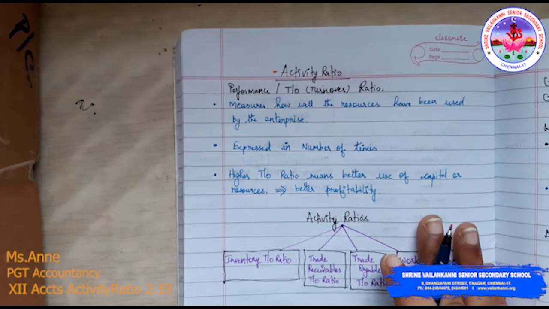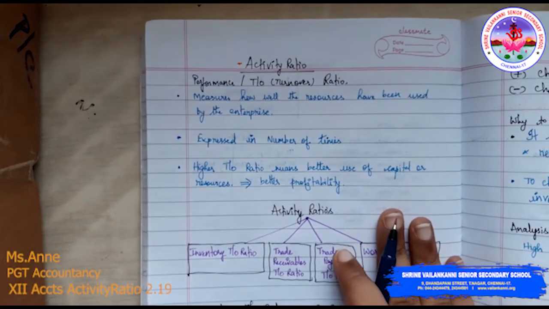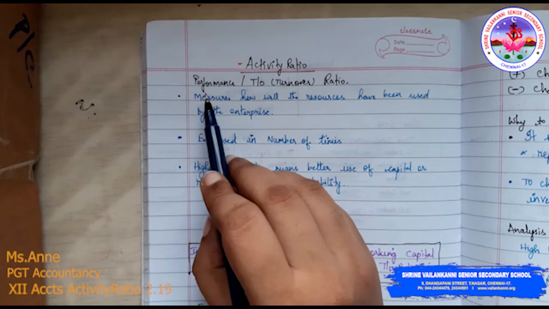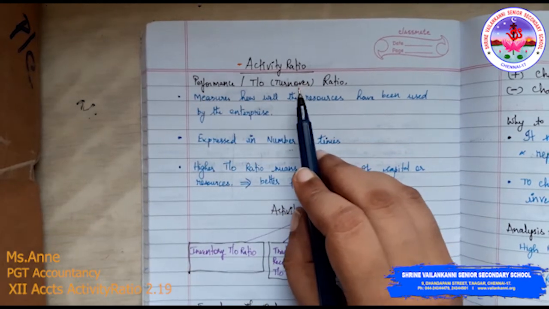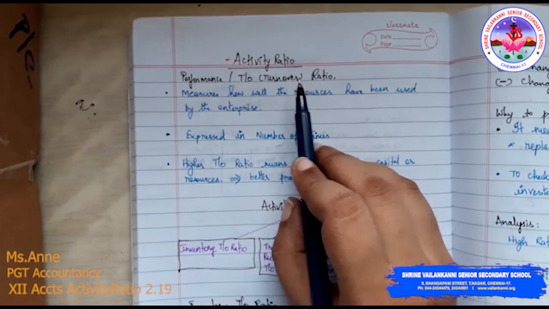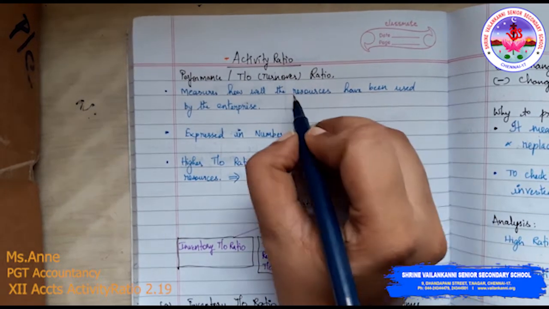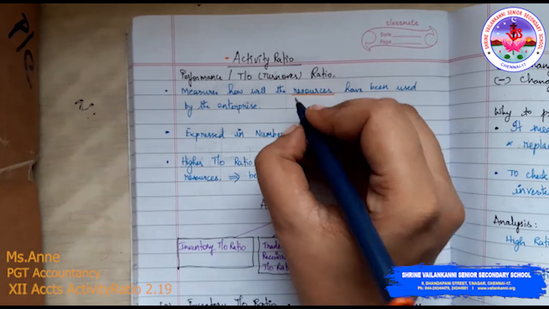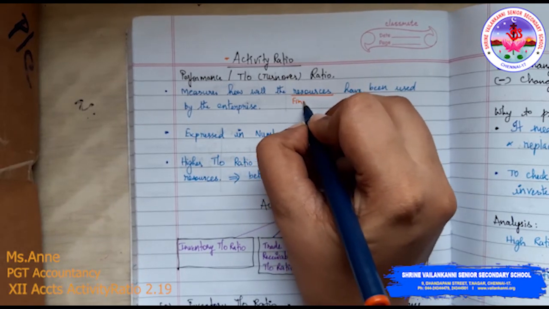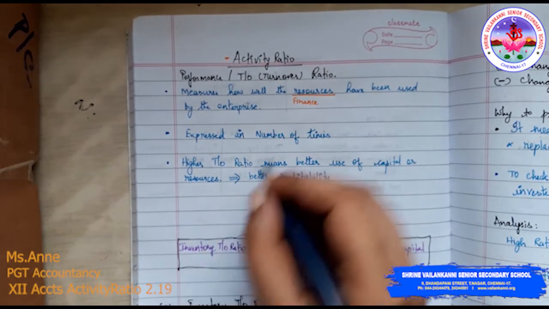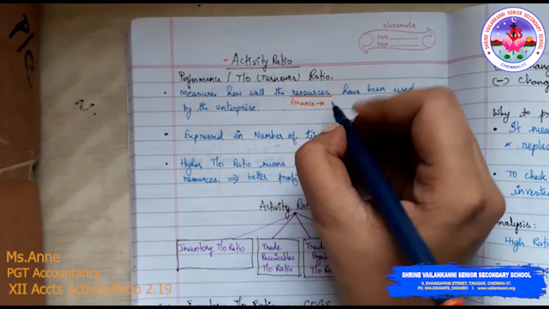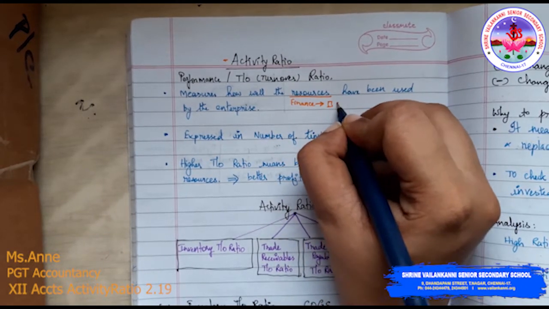It generally talks about the performance turnover ratio. It measures how well the resources have been utilized. What are the resources? It is basically finance. Finance is thereby converted to various forms of other goods.